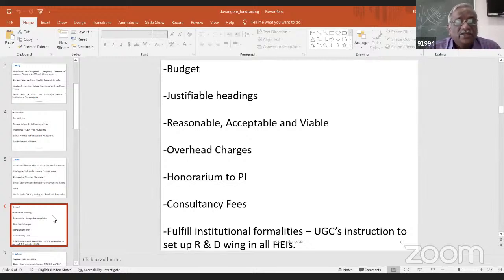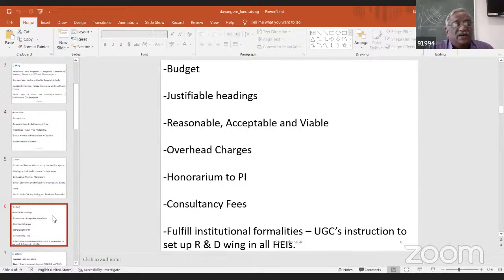And also, you have to make a provision for overhead charges. Some institutes do not charge in the name of overhead charges, but most of the institutions, universities and colleges, they claim, they seek overhead charges, and it varies between 7% to 15%, a maximum of 15%.